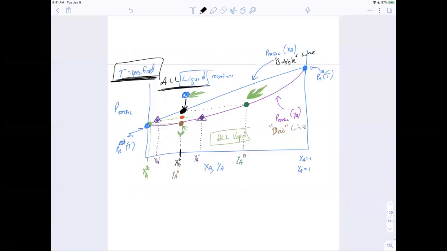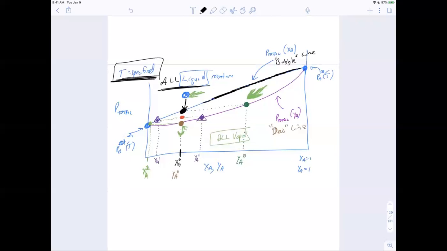And what we found is that the total pressure is related to the liquid phase composition as a straight line. So that would be this guy. This is the straight line, and I won't draw the whole thing. It gives you the total pressure in your system as a function of the composition of the liquid.